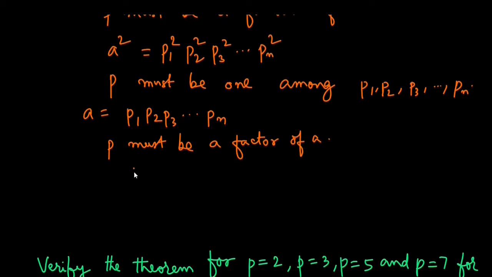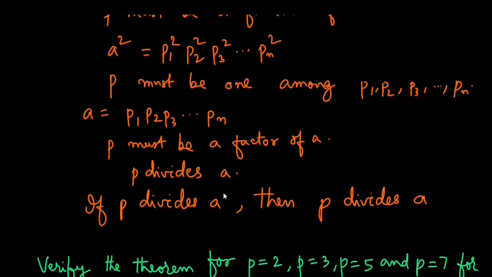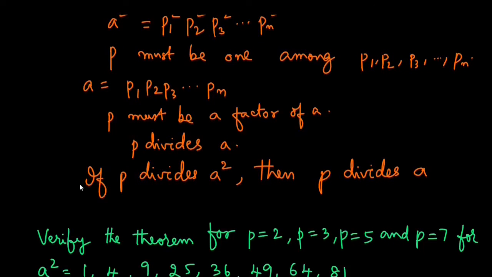That is, p divides a. So we have shown that if p divides a square, then p divides a. We use this theorem in proving root 2, root 3, root 5, etc., the root of a prime number, as irrational.